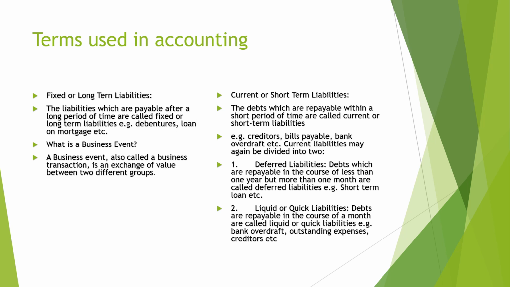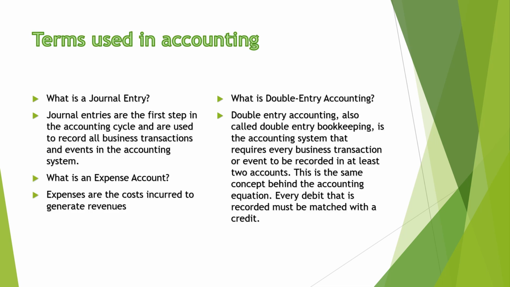The deferred liability can be postponed more than 1 month, and quick liability is debt repayable in the course of a month, called liquid, or within a year, like outstanding expenses, creditors, etc. A journal entry is the first step in the accounting cycle, used to record all business transaction events in the accounting system. So expenses are the cost incurred to generate revenue.